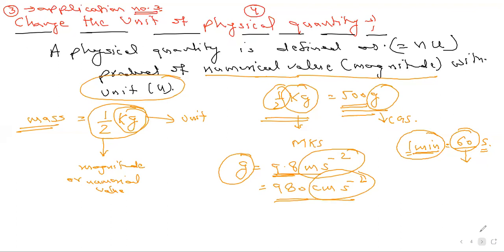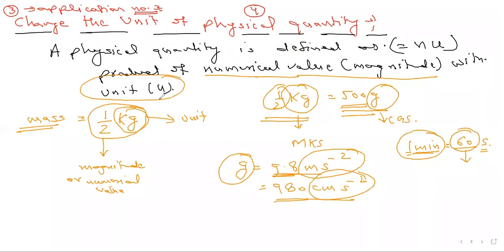Okay, so number one thing: numerical value and the unit. This is the numerical value, this is the unit. So I will be writing like this: N1 U1 equal to N2 U2.